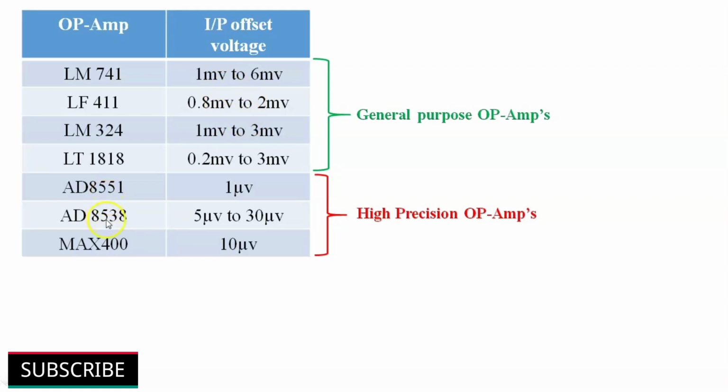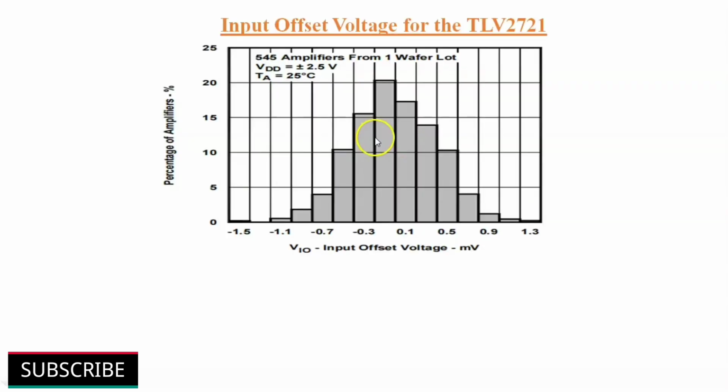High precision op-amps' input offset voltage is in the range of a few microvolts. But it is very hard to predict the polarity of input offset voltage. Two op-amps manufactured from the same wafer may also have different offset voltages. So the manufacturer provides maximum and minimum offset voltage ranges for an op-amp in its datasheet.